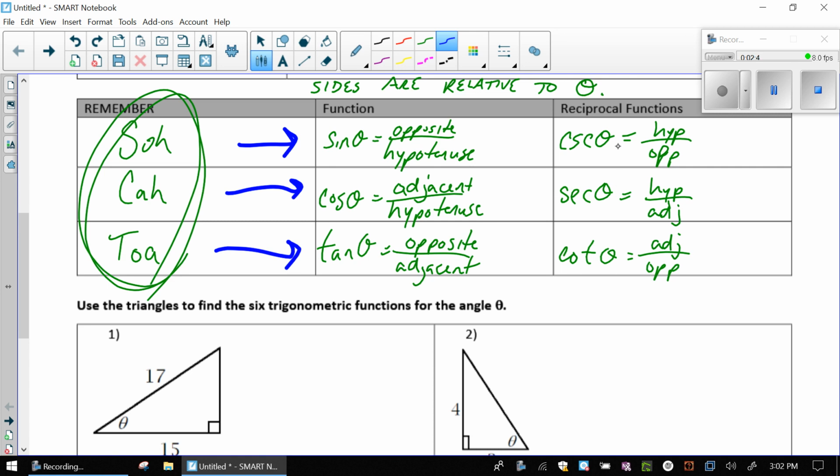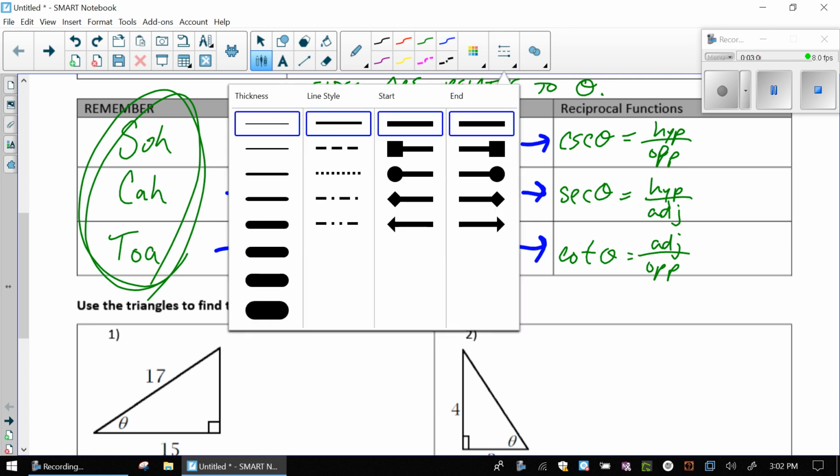So if you forget which ones of these match up, match your cotangent with tangent first, and then cosecant goes with sine. Cosine already has the co, so it goes with secant. All right, and we can see that these are just reciprocals. So if I'm asked to find all 6 of these, I always start with these 3 that I'm comfortable with, and then I flip to the reciprocal, flip to the reciprocal, and flip to the reciprocal. Okay? So there's a quick recap.